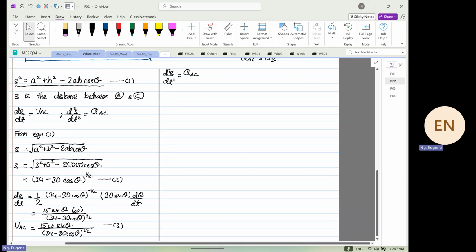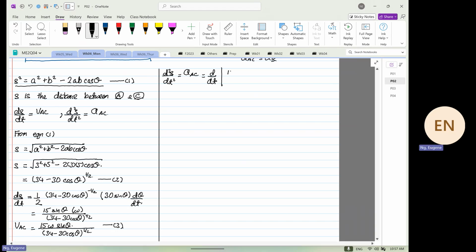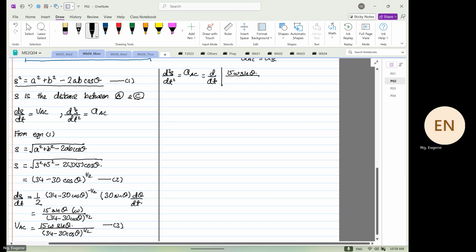So from here, right, then you have 15 omega sine theta divided by 34 minus 30 cos theta power of half.